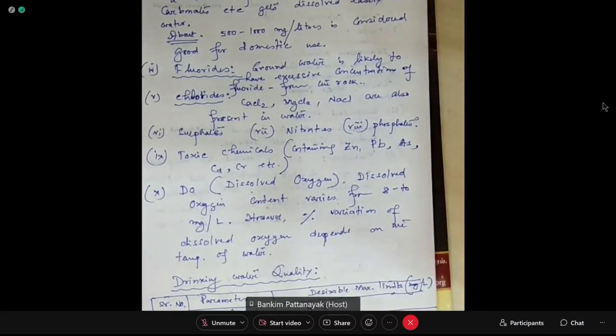Number 6, hardness based on calcium carbonate, CaCO3, 200 to 250. Number 7, chlorides, 250.